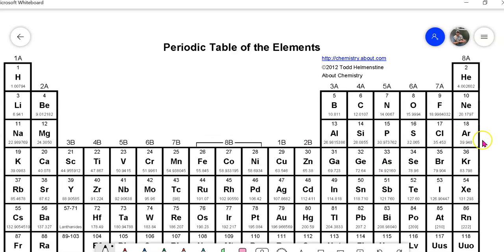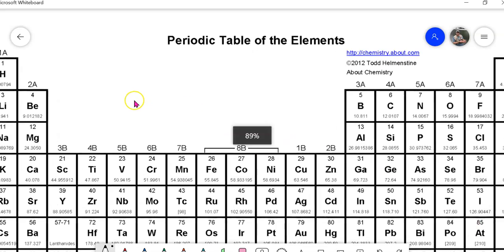But as we get past about the 3rd to the 4th row, somewhere in here, we start to add a lot more neutrons. The ratio of protons and neutrons starts to increase. We have more neutrons than protons. The big picture here, though, is that as we go across from left to right, the mass is increasing, and from top to bottom in any group, the mass is going to be larger at the bottom, or the mass is going to increase as we go down a group.